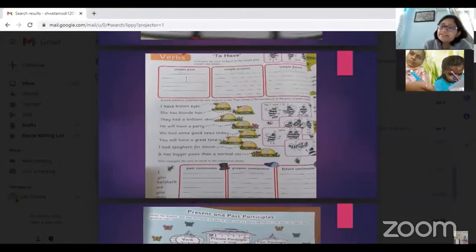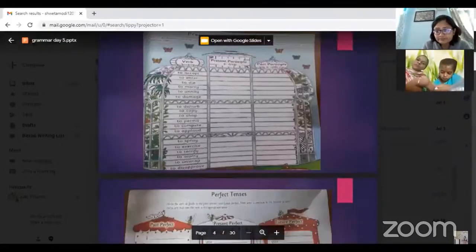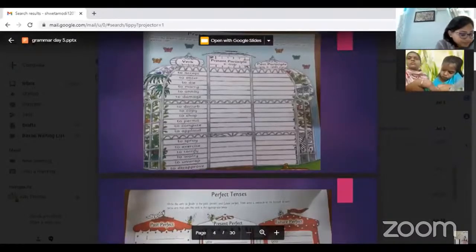But in simple present, it can be has also, it can be have also, that we have learned. I have, you have, we have, they have, he has, she has, it has. Okay? Got it? Yes, ma'am. Now present participle is adding ing. And past participle is ed. So accepting is present participle and accepted is past participle.